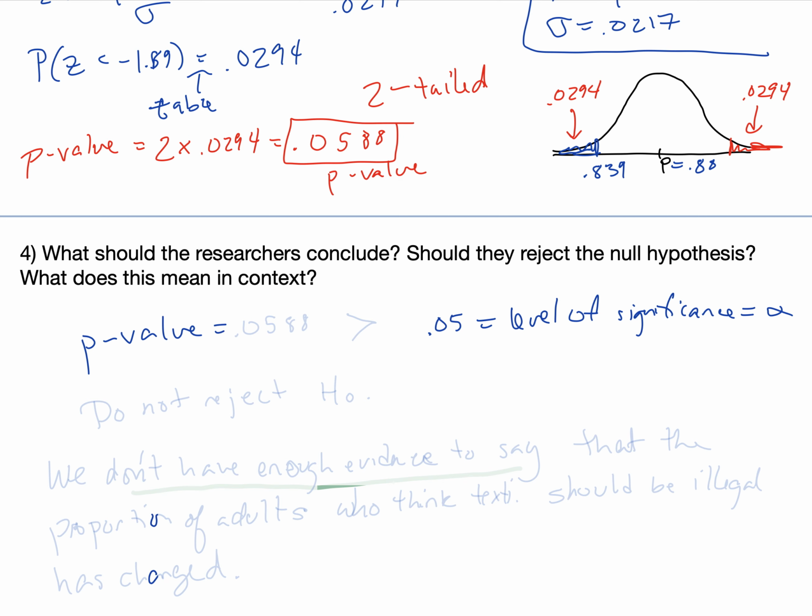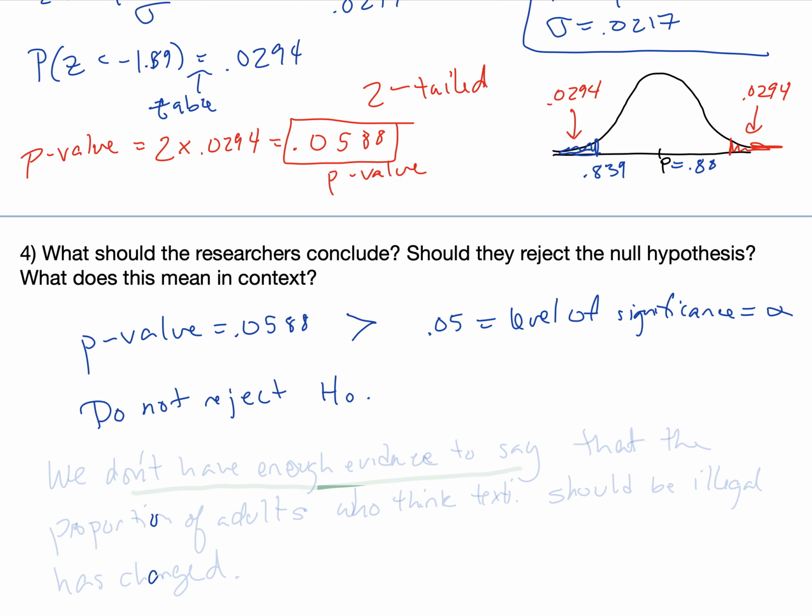Our p-value was 0.0588. And so we see in this case that the p-value was greater than alpha, the level of significance. So the probability of a result at least this extreme in either direction is greater than the level of significance, and therefore we do not reject the null hypothesis.